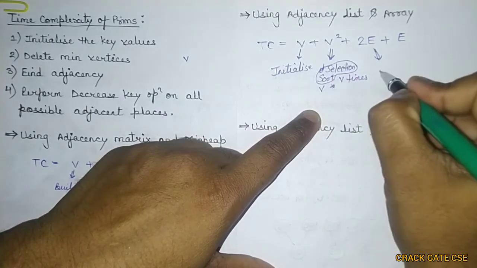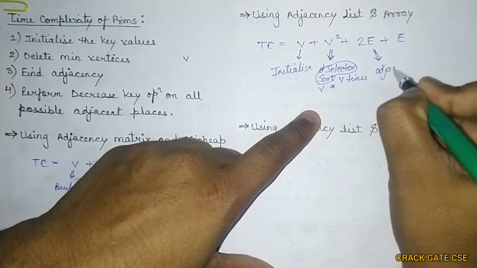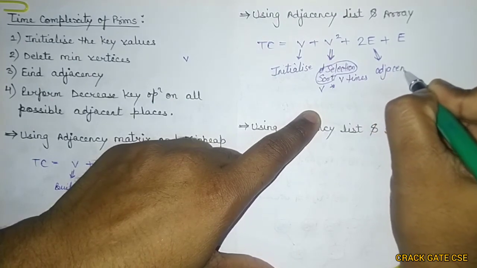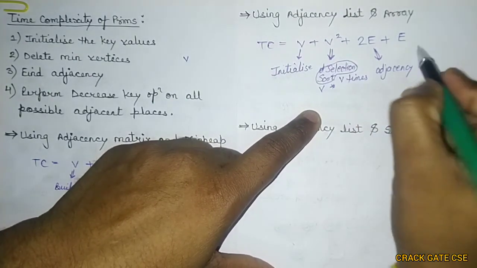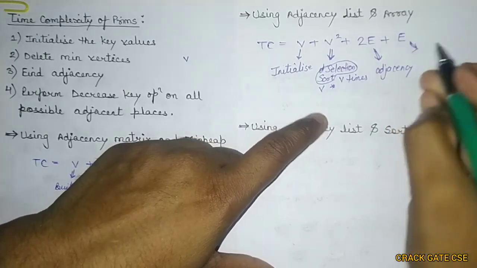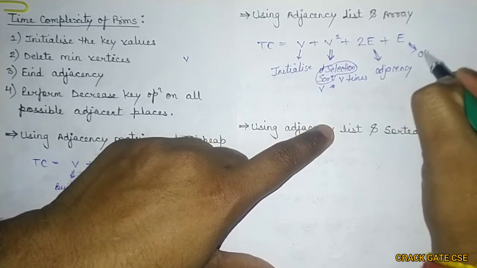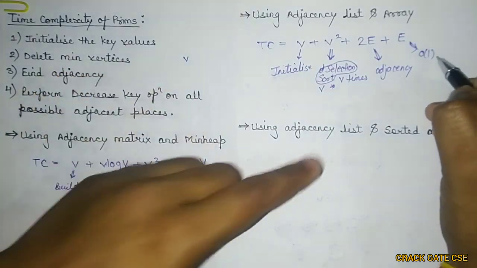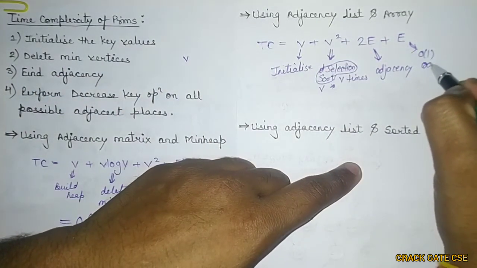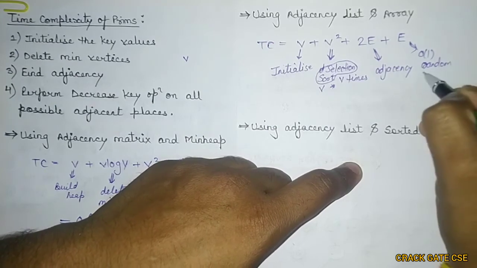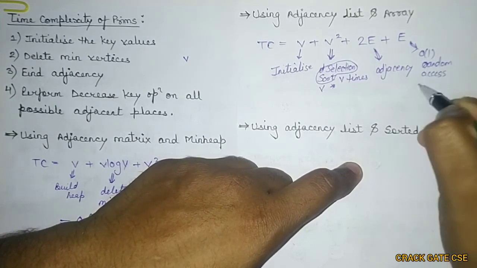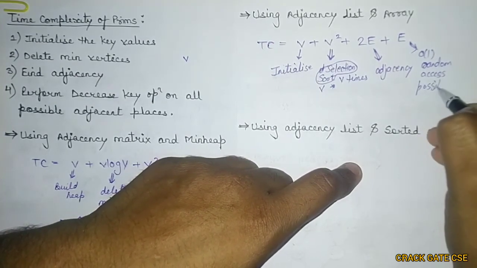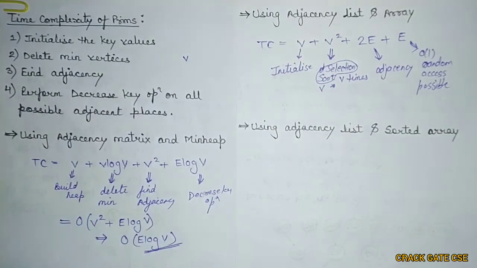And this 2E we know is to find the adjacency of the vertex, and this E is to perform the decrease key operation, because it will take a constant amount of time to perform the decrease key operation in an array, because random access is possible, right? So this is how we got the time complexity using adjacency list and array.